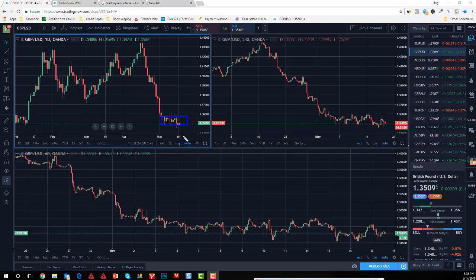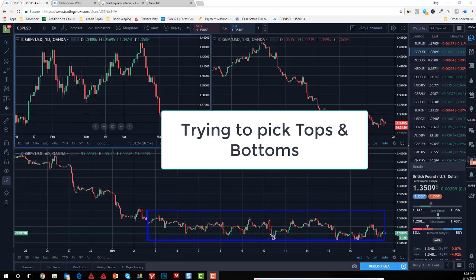Now, where a lot of traders get crucified, get killed in the market, lose their trading account is here. All of this. This is where traders get screwed constantly.